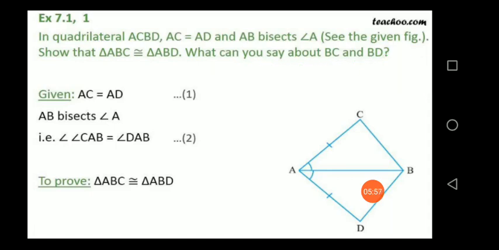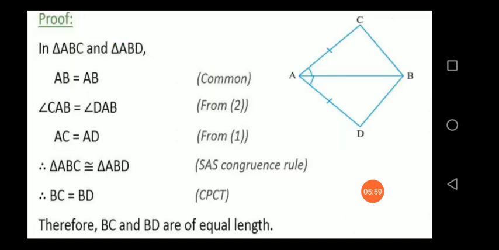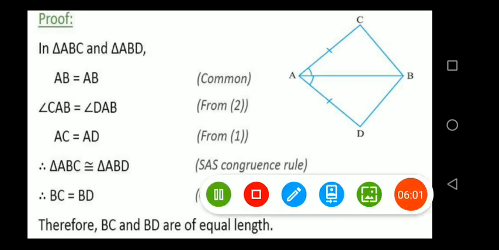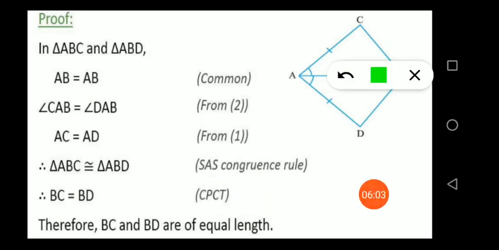So let's see how to write it. First we will write, in triangle ABC and triangle ABD. It is necessary to announce which two triangles you are going to use and in which manner. Sometimes it happens that you take triangle ABD first.